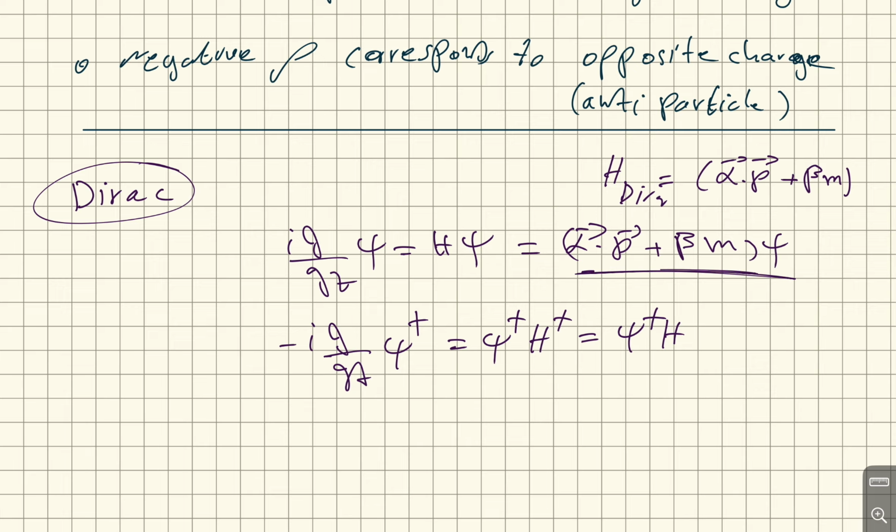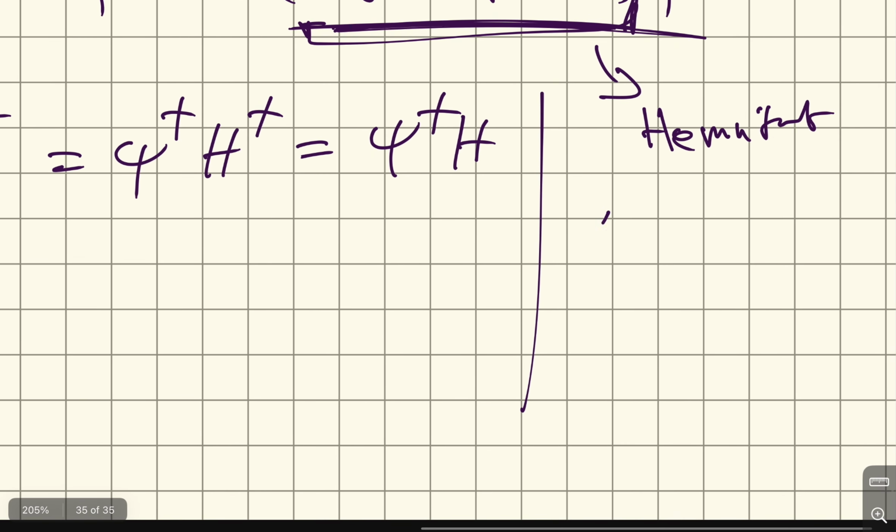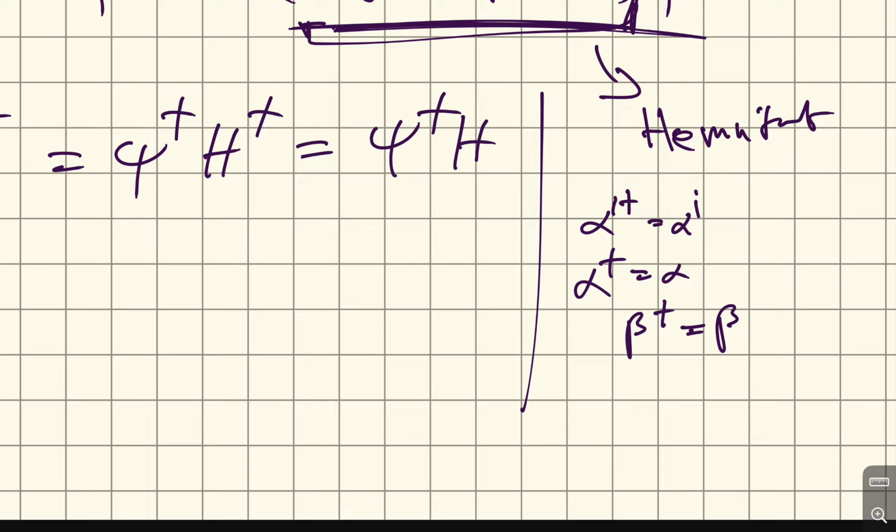Because this guy here is Hermitian. And Hermitian means that alpha_i dagger equals alpha_i, or in another term, alpha dagger equals alpha, and beta dagger equals beta.